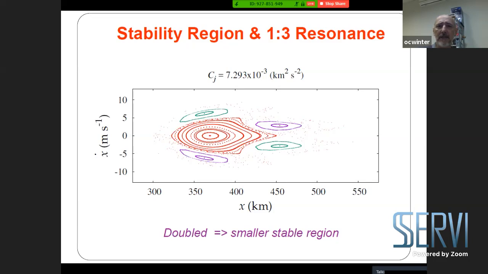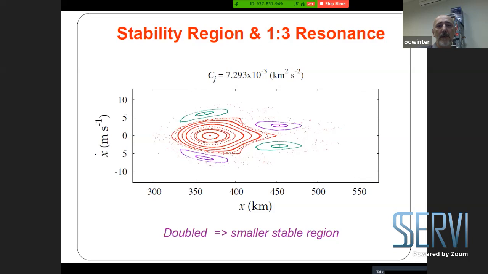At the center of the islands, usually you have a periodic orbit that is very stable. The size of the islands, the location of the islands, and the equilibrium points inside them give some information about the stability of that location.